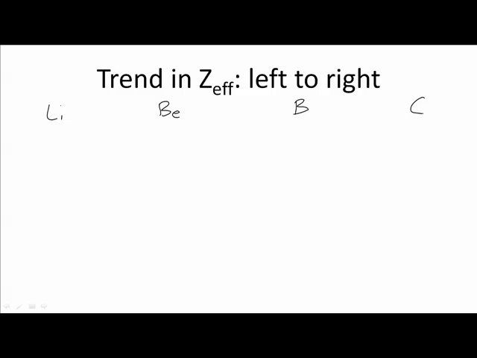Lithium has how many protons in its nucleus? 3. So lithium would have a 3 plus charge. And just to keep things simple, I'm just going to draw Bohr models for these things. How many inner electrons does lithium have? 2. And then it's got 1 outer electron.